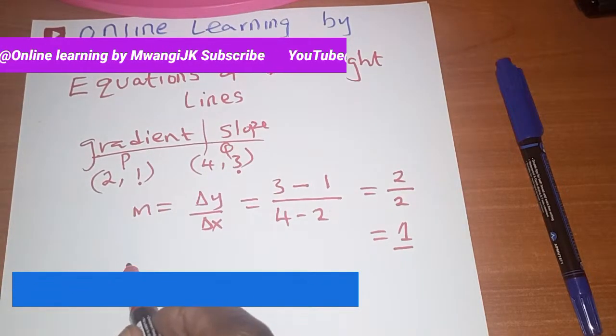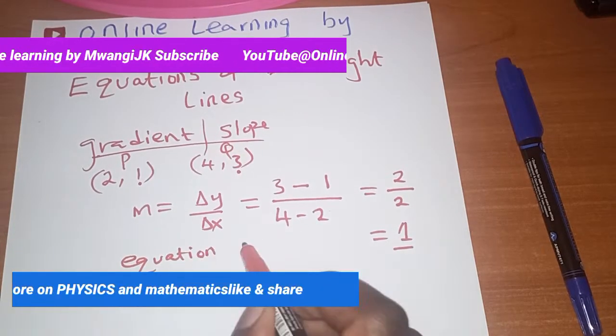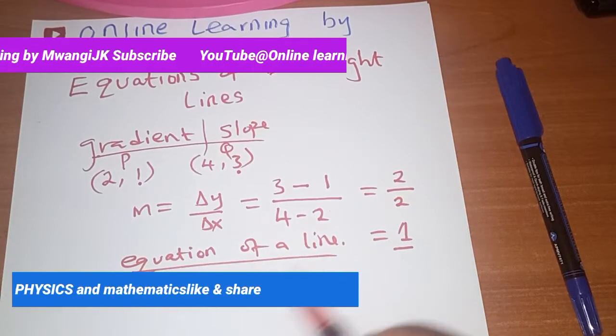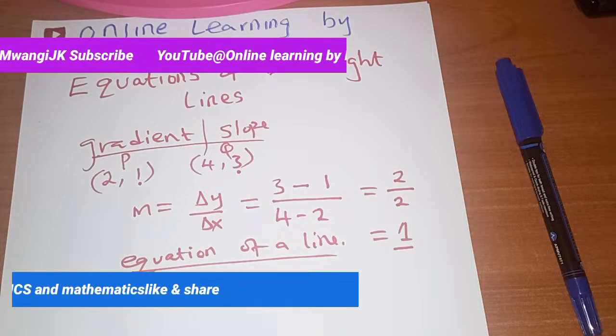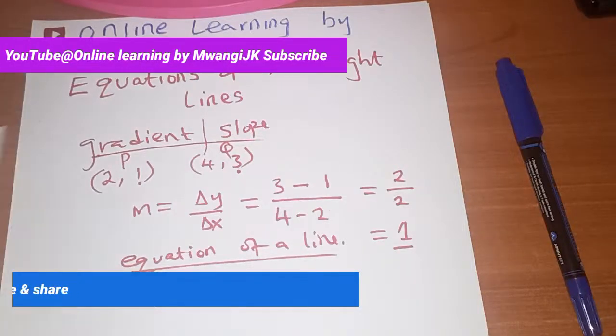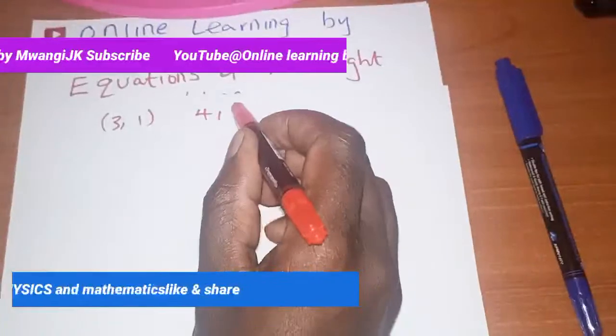Then we talk about the equation of a line. We can get the equation of a line given a point or given 2 points. Take points (3, 1) and (4, 3).